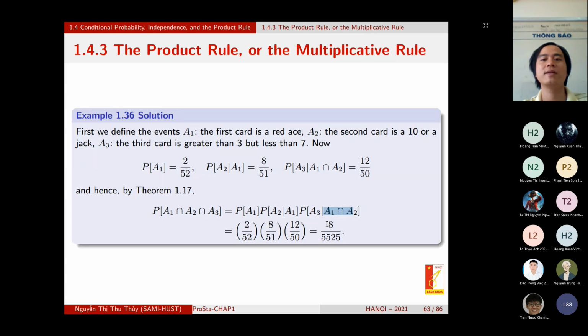We have the answer 8 over 5,525. That is how we apply the multiplicative rule.